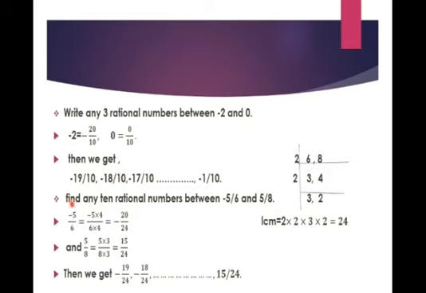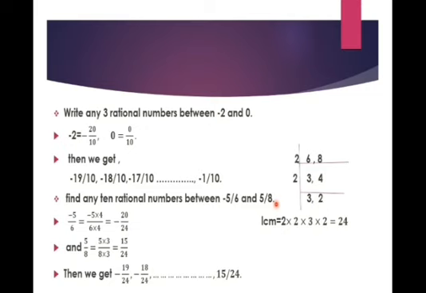Then the next question: find any 10 rational numbers between -5/6 and 5/8. In this question, the denominators are not the same, 6 and 8. Then how can we find them? We take the LCM of 6 and 8.